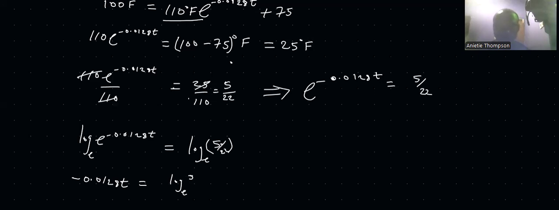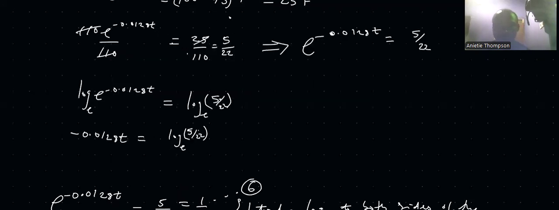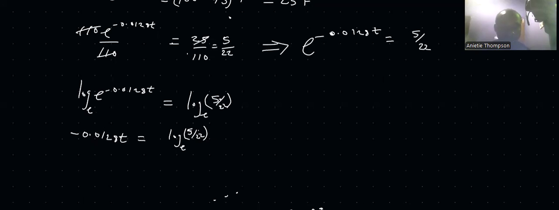So as such, we just go ahead and divide. t is going to be equal to the log base e of 5 over 22, divided by the coefficient of t, that is minus 0.0128, dividing both sides by that coefficient.